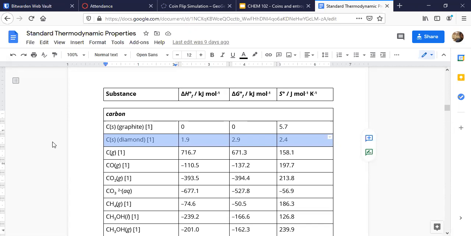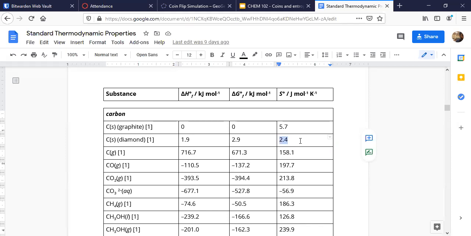Because you can tell the difference between carbon that's in your pencil lead and carbon that's on jewelry, right? And that very distinct sparkle and shimmer of diamond is associated with that very ordered crystal. This is as low as entropies go in our tabulation, the entropy of diamond.